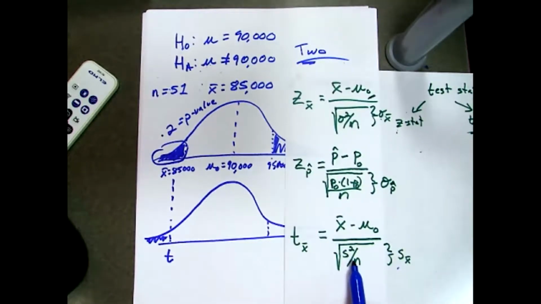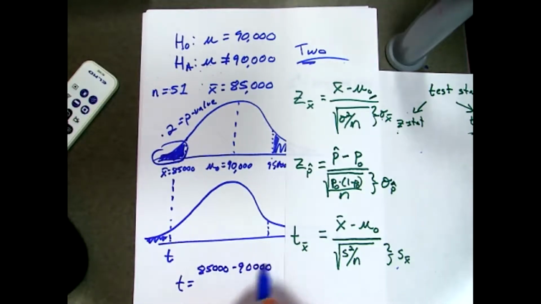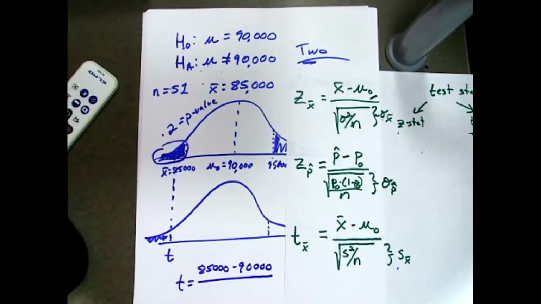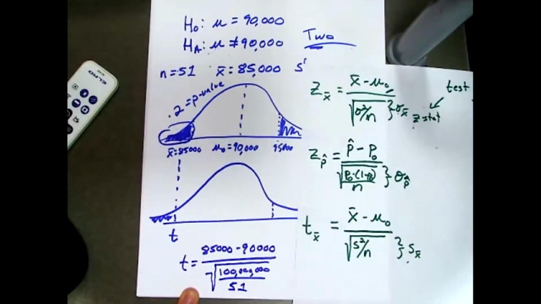I just have to plug in the values I was given earlier, because it's just computation at this point. So I'll take my sample mean, which was 85,000, subtract that assumed true mean of 90,000, and then I'm going to divide by the square root of my sample variance, which was 100 million, over that sample size of 51 homes.